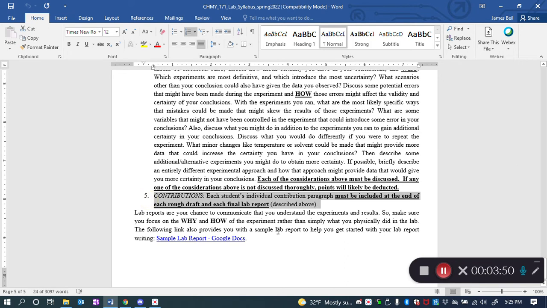You definitely want to make sure your name is on the top of the lab report if you want to get credit for it. As we said earlier in a different video, I can access the history of your Google document once you share the document with me. So I'll know which of you contributed in which ways to the writing of the lab report.